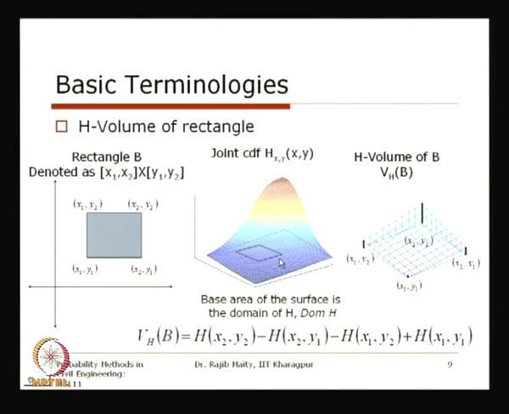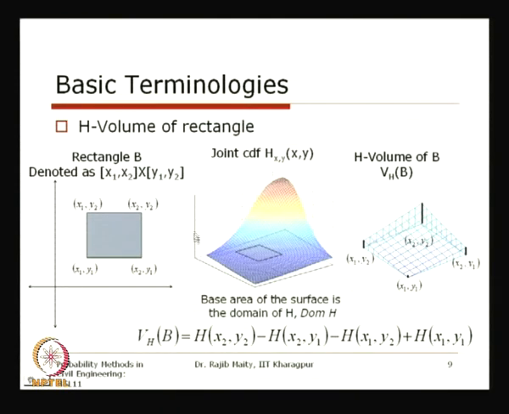Now to see what the H volume is, we first have to see how the joint CDF between X and Y looks. As you know, it should start from 0 and go on to reach a maximum value of 1.